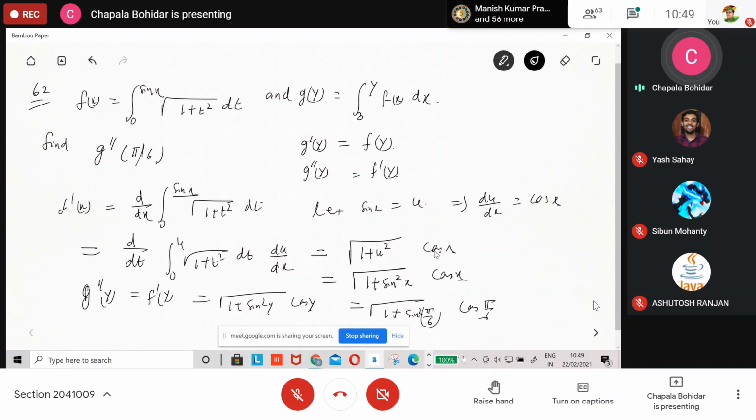So 4 plus 1, 5 by 4. Cos pi by 6 is root 3 by 2. So we get root of 5 by 4 times root 3 by 2, which is root 15 by 4. Someone said root 15 by 4, it is correct.